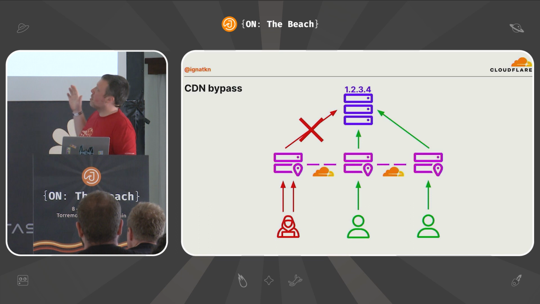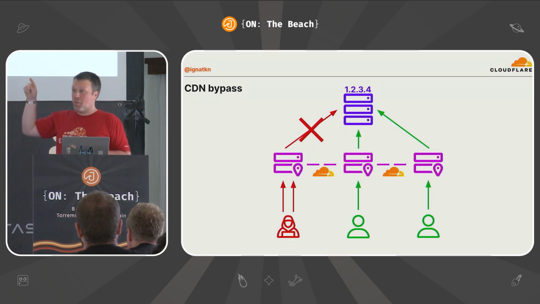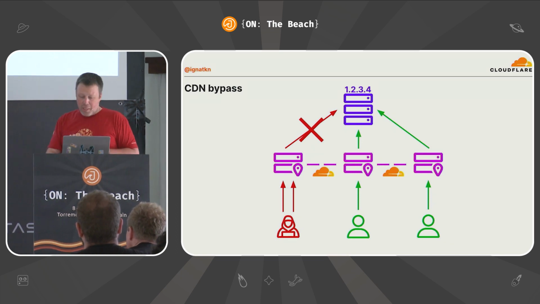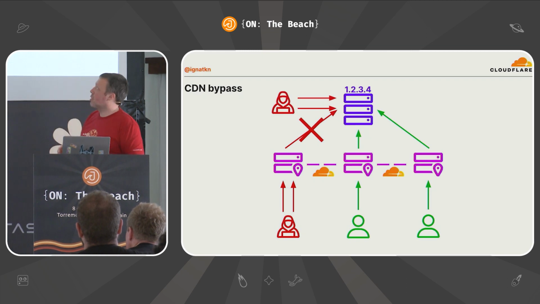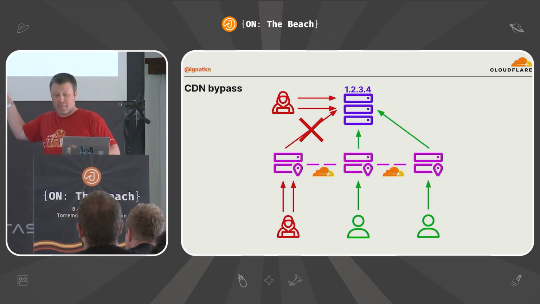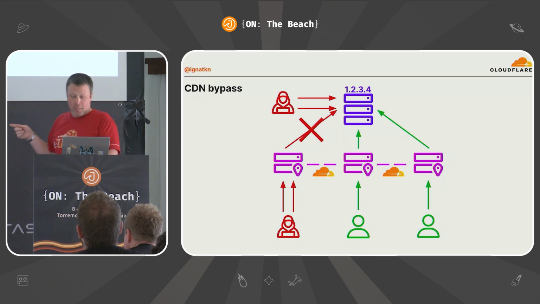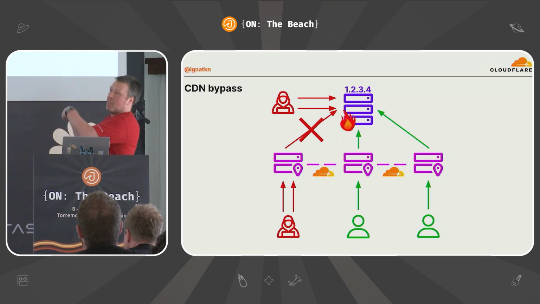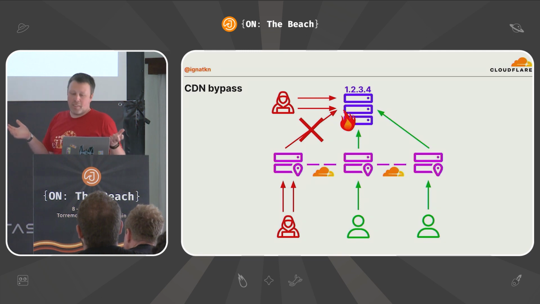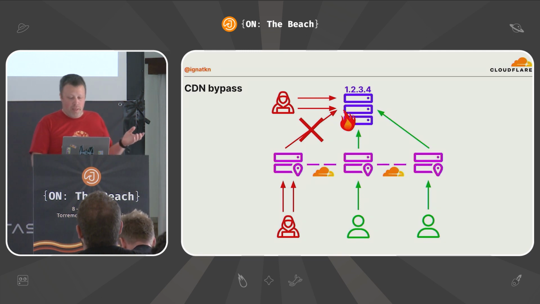And if the attacker somehow learns your actual IP address, they can send traffic to you directly, bypassing the CDN. And so technically, even if you're using a CDN, they can overload your backend server, and the CDN doesn't help you. What to do in this case?